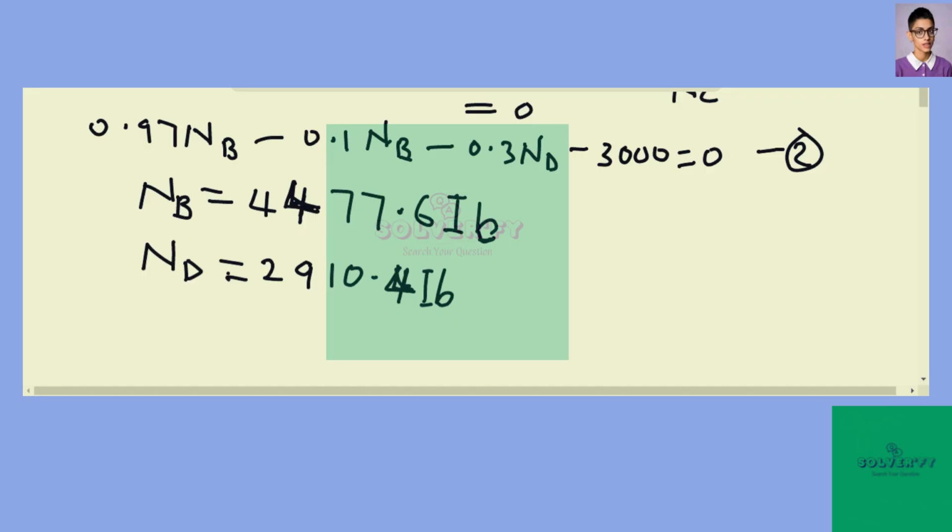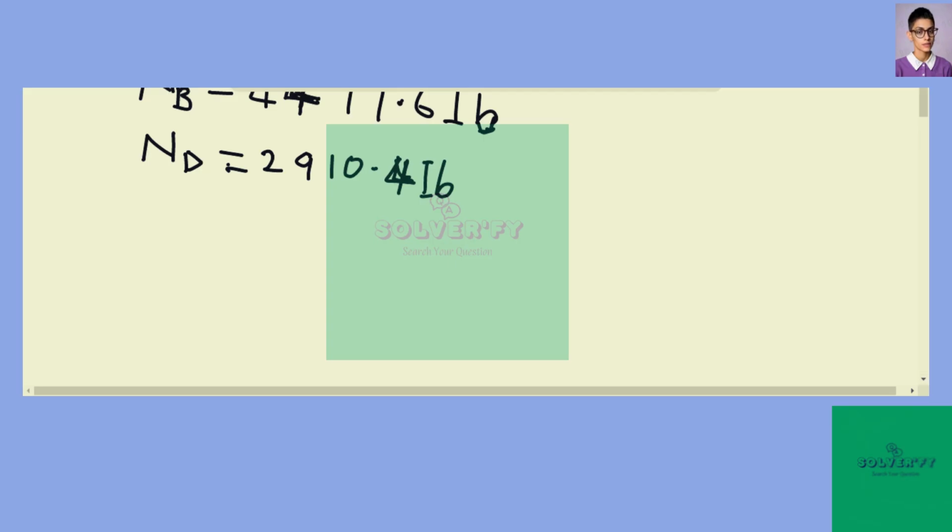Now we can also consider the bottom diagram. When you consider the bottom diagram, we look at equilibrium in the vertical direction.